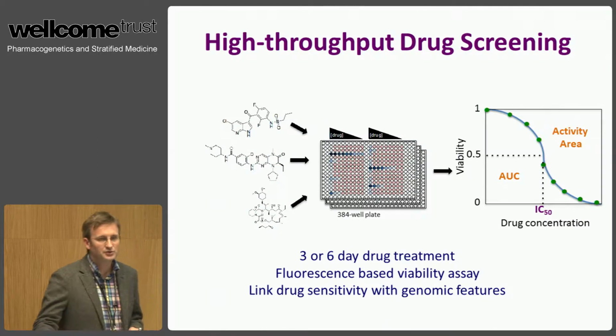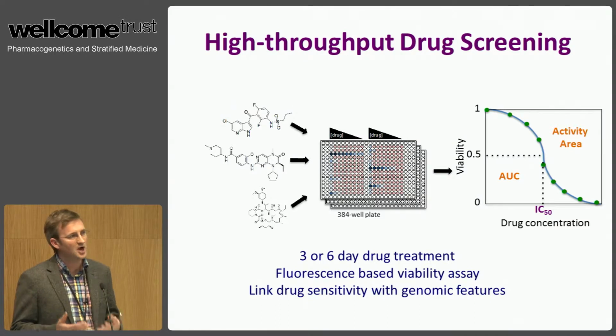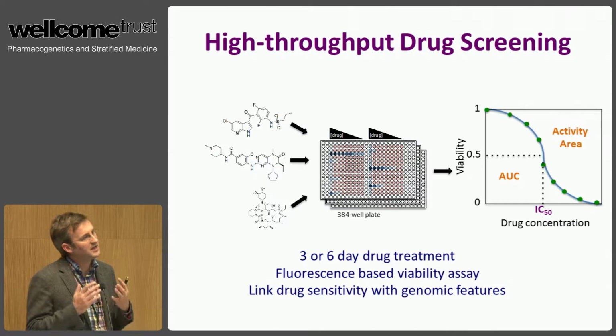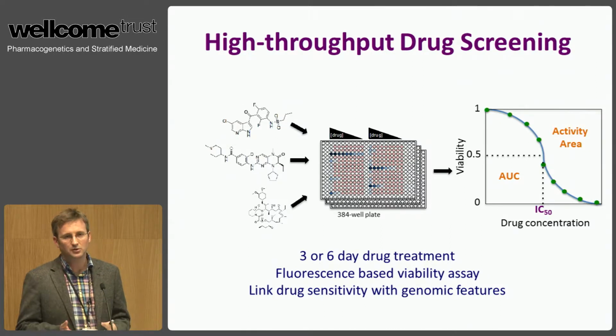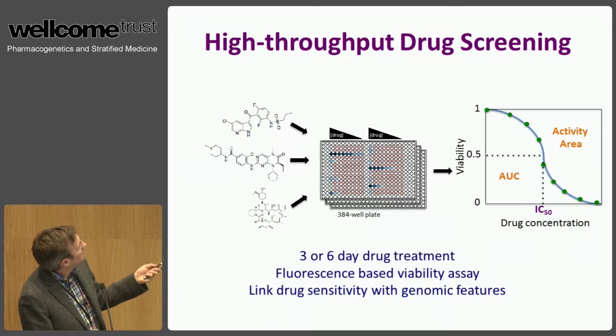The assay we use, again, is quite simple. We take collections of drugs. These are not vast chemical libraries. They're very carefully selected molecules, and we screen them. We take one cell line in a plate, and we then screen it with these molecules.